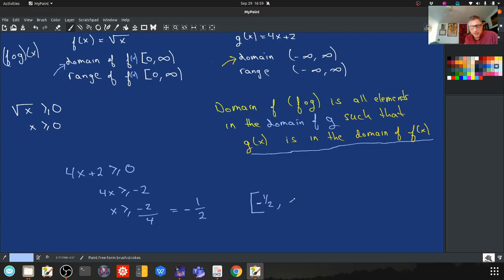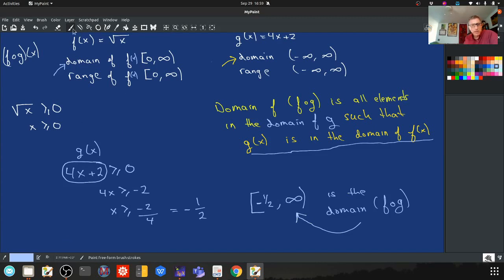If x is greater than or equal to minus 1/2, then g of x is in the domain of f. So the domain of f composed with g is given by this.